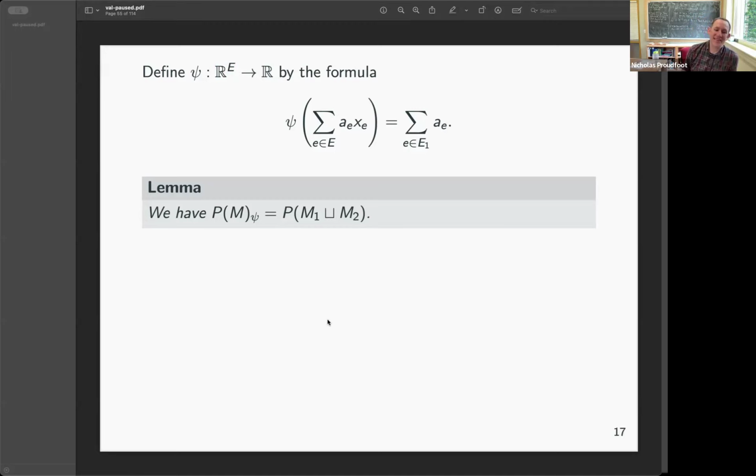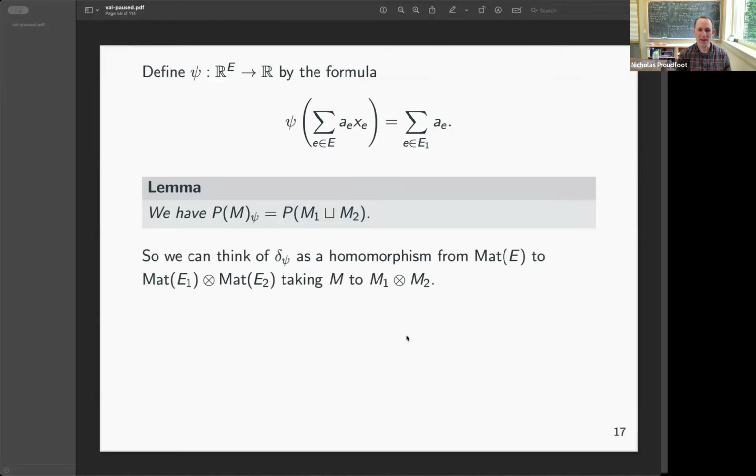Then I claim that this operation of taking a polytope to the face on which the linear functional is maximized exactly takes my polytope P of M to the subpolytope P of M1 disjoint union M2. So you can think of this delta psi as a homomorphism from Mat(E) to Mat(E1) tensor Mat(E2) that takes M to M1 tensor M2. That's exactly the upshot of this lemma.